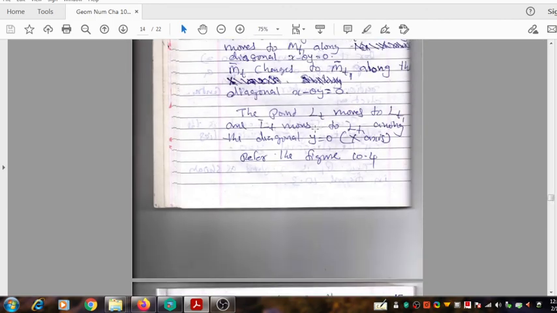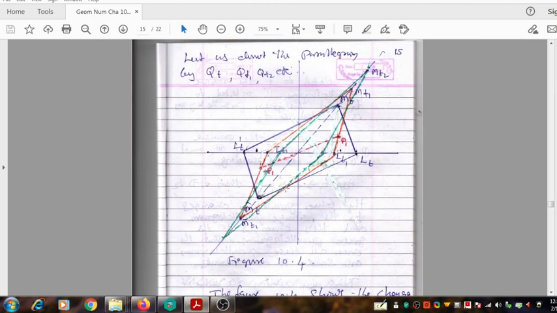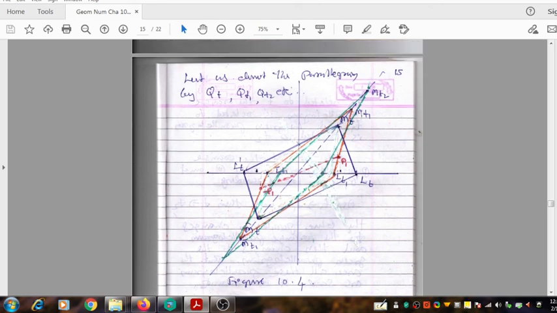The point LT moves to LT1. Then L bar T moves to L bar T1, and MT moves to MT1, and M bar T moves to M bar T1.